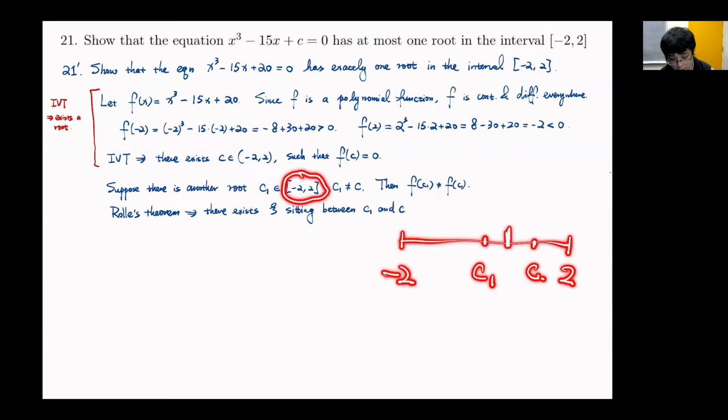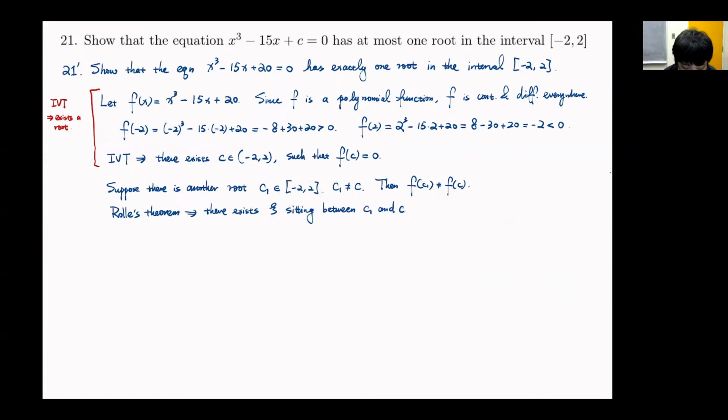So in particular, this c is between c1 and c, so that tells me that it is also sitting inside the open interval minus 2 and 2. So there is a c in the open interval minus 2 and 2 such that f prime of c equals 0. Again, this did not involve the formula. We just assume that we have such a root, then we conclude that f prime has to take 0 somewhere. And now let's see if that's possible.